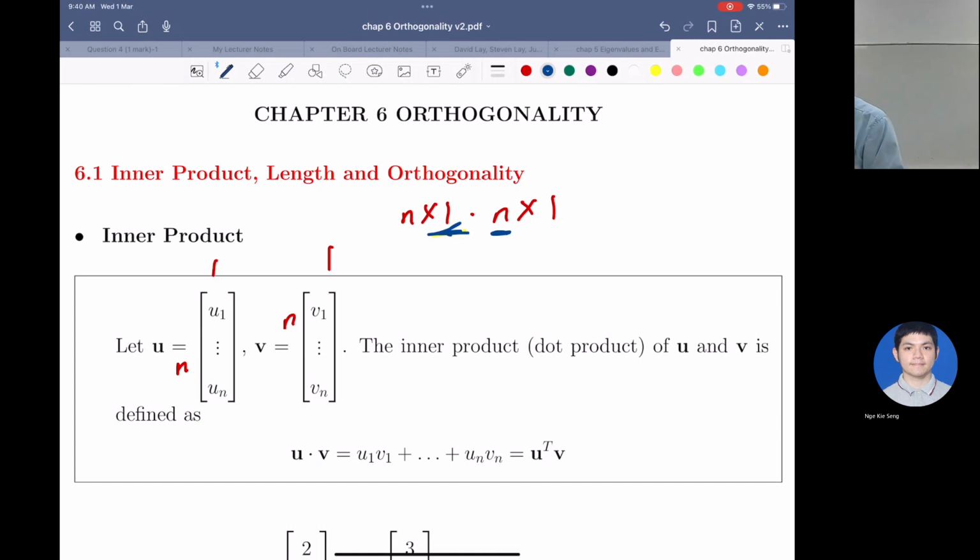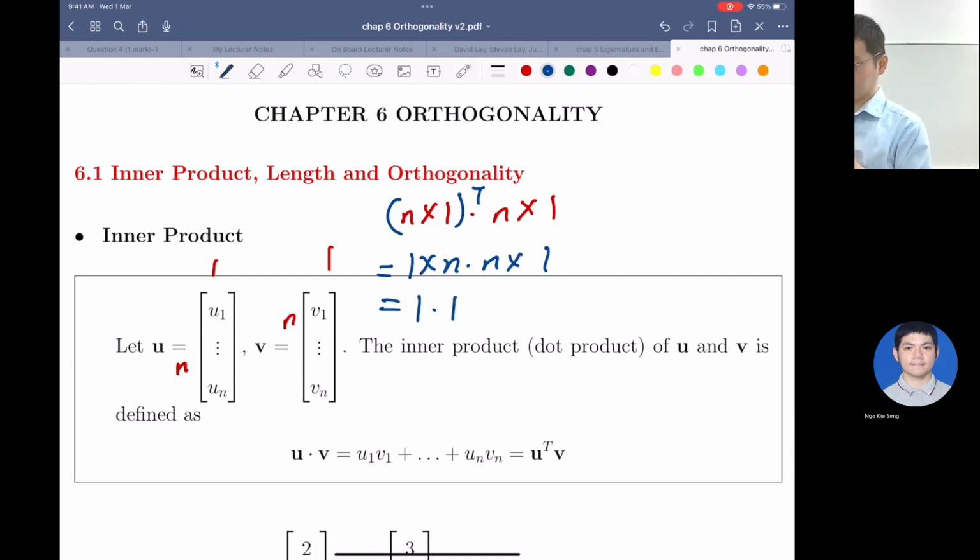You can transpose one of them. Transpose the first one because we just want to get a number out. So transpose this one, we get 1 times n times n times 1. We get 1 times 1. This is what we're going to define today, the inner product of two vectors.